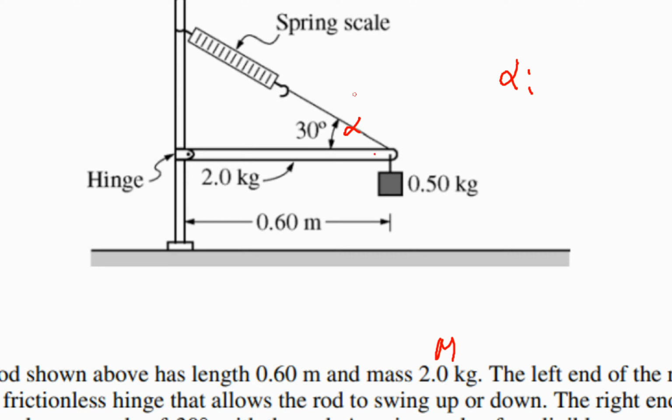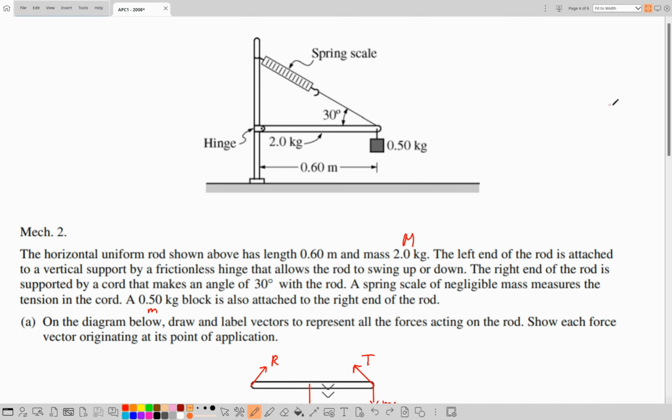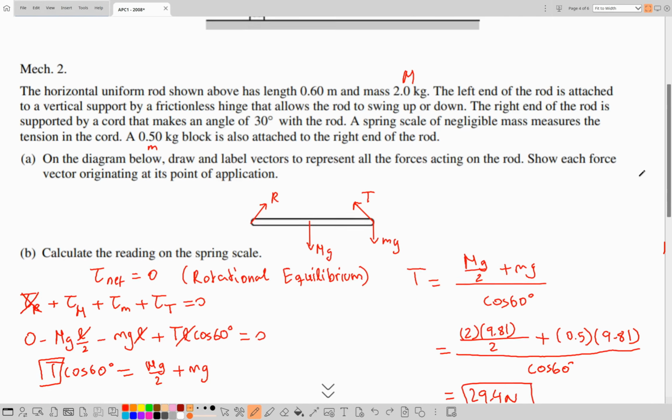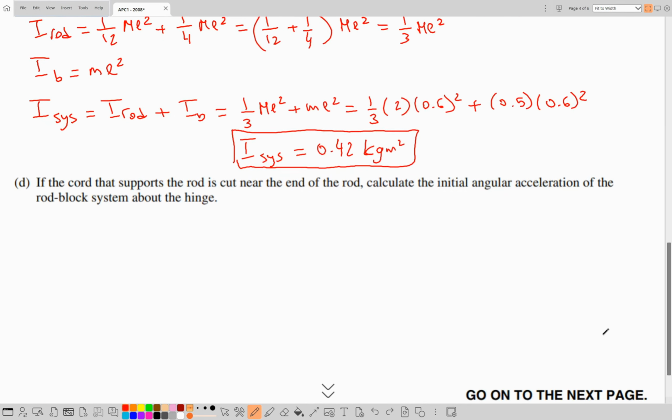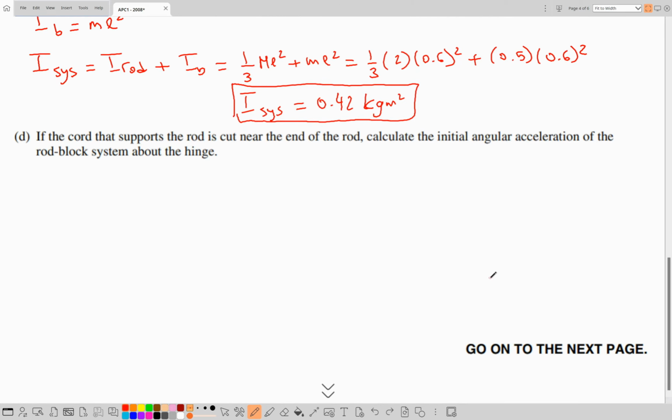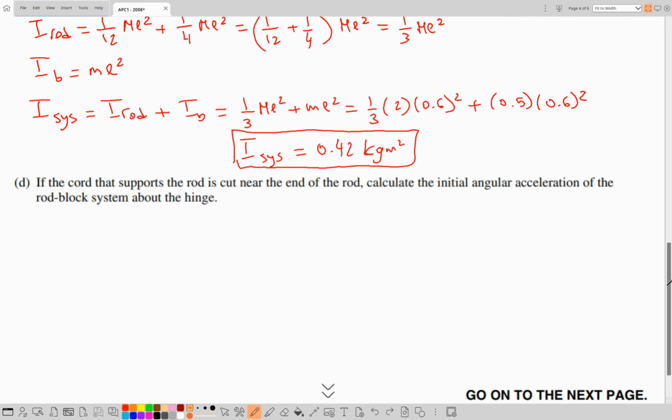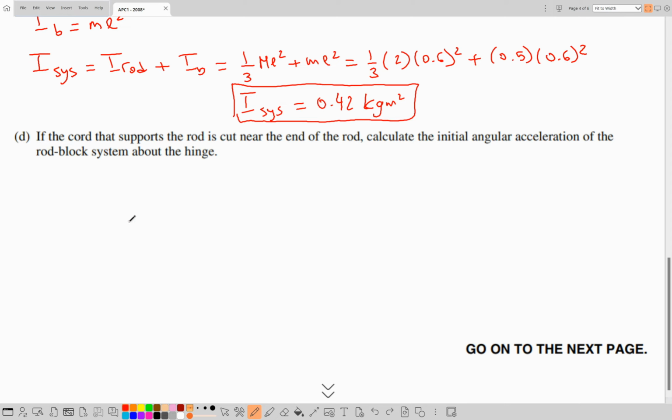Because if we cut the cord, you can assume that this will perform something like oscillations, and we know that in this case oscillations have an acceleration which is not constant. So for this reason they're specifying the initial angular acceleration, and because we're talking about rotation, this can be done using Newton's second law for rotation.